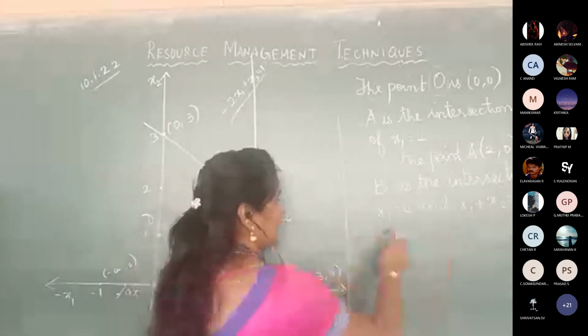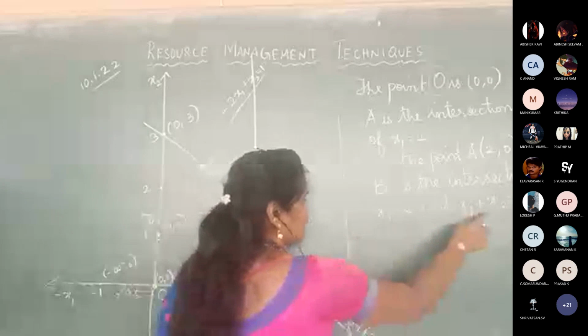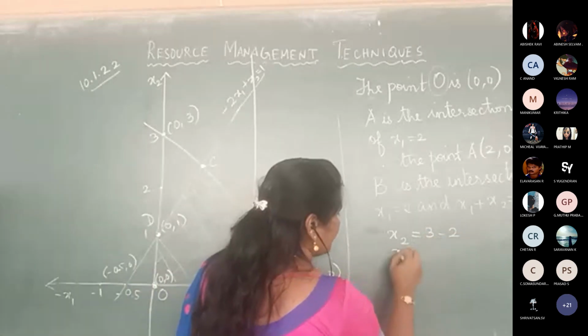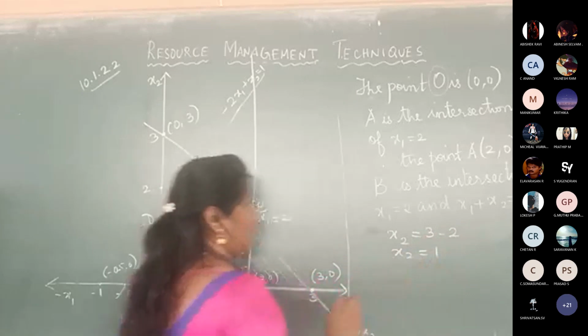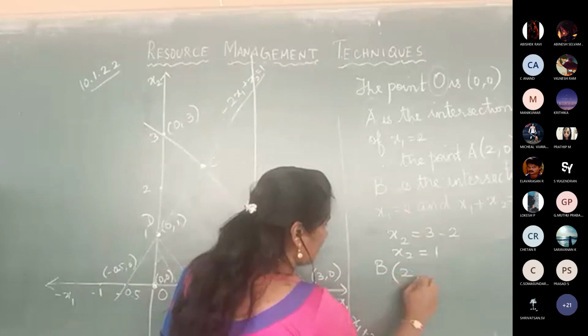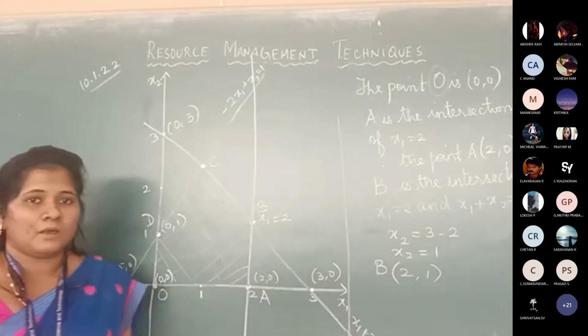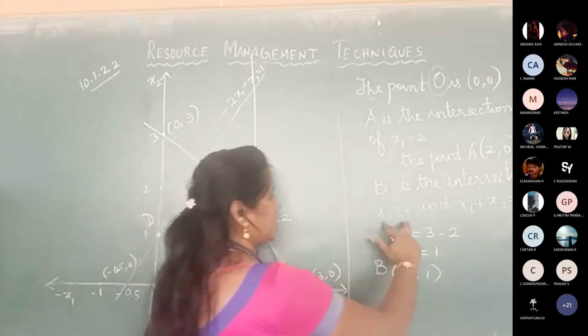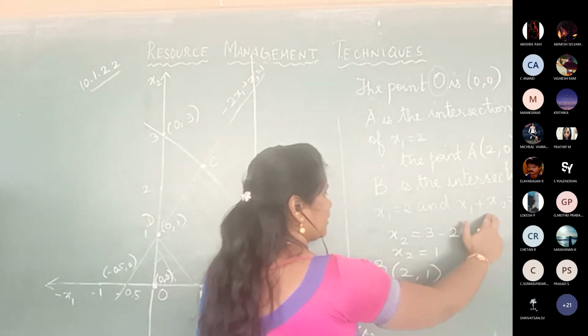When you substitute x1 is equal to 2 here, you will have x2 is equal to 3 minus 2, which will become x2 is equal to 1. So your B point will become 2, 1.